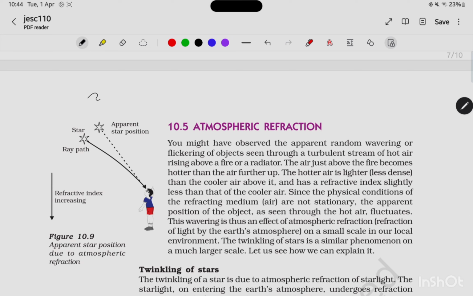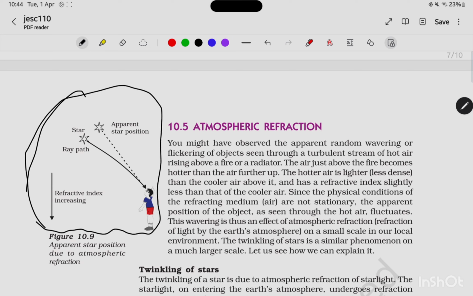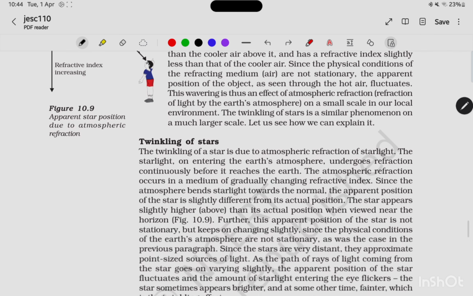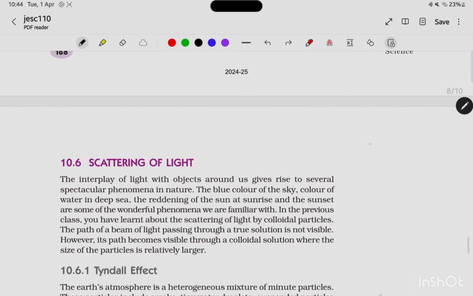This diagram, if you see it, is confusing, so I'll draw it so that you can understand. Imagine you are here and a star is there, and these are the layers of the atmosphere.